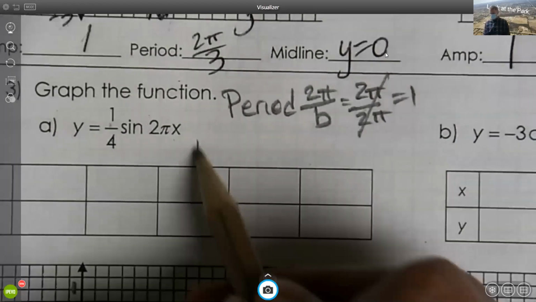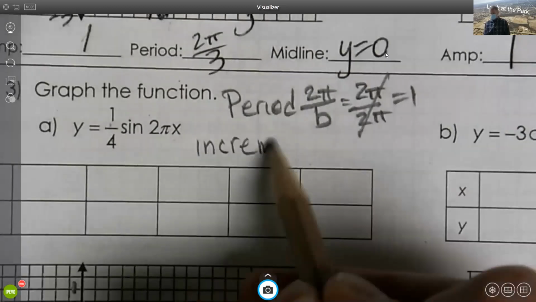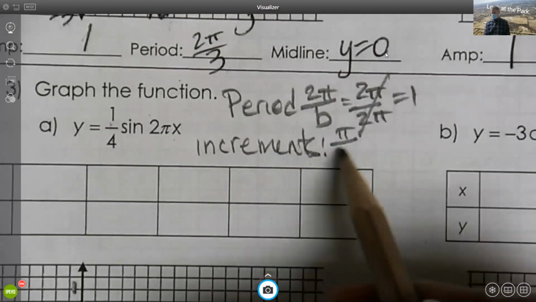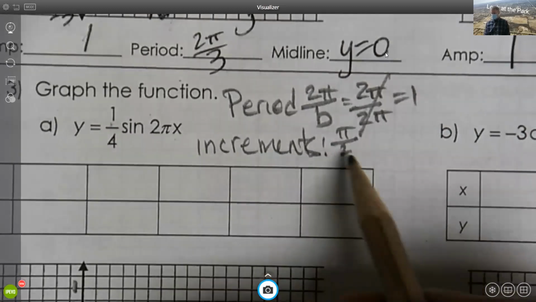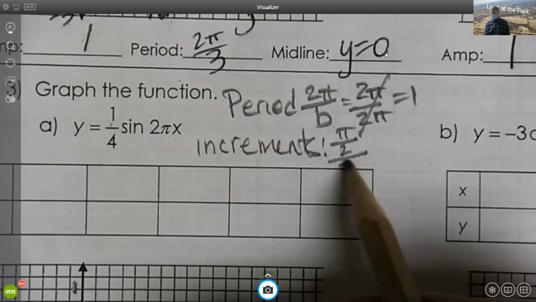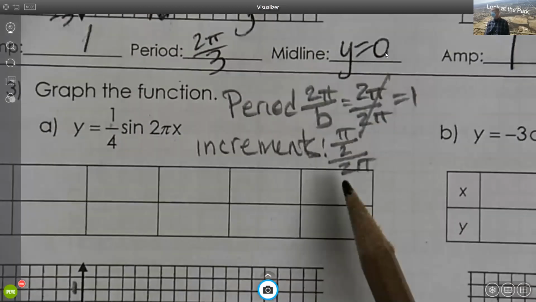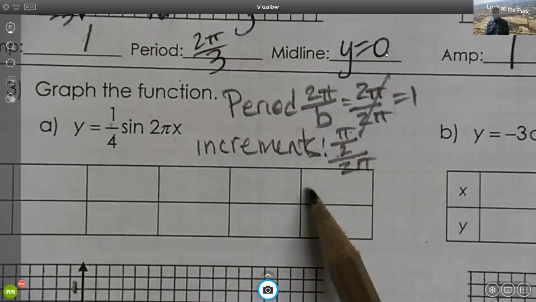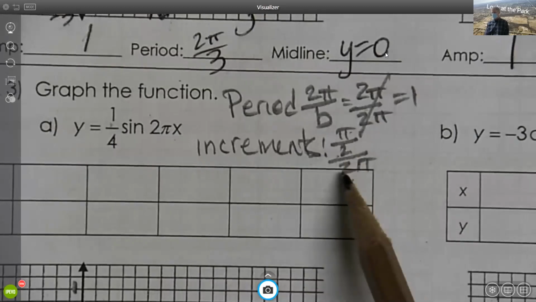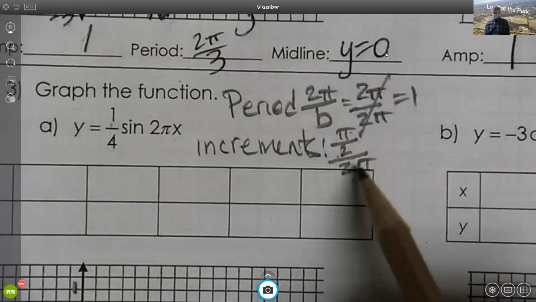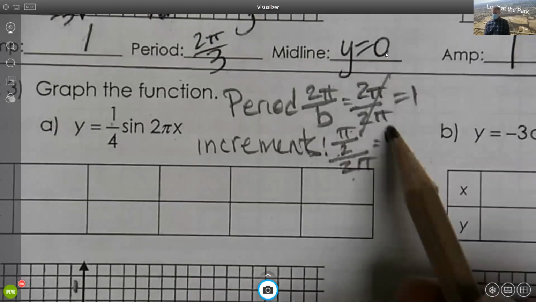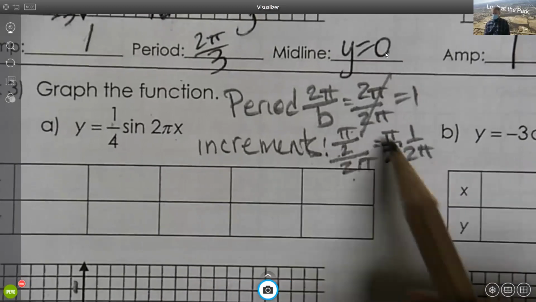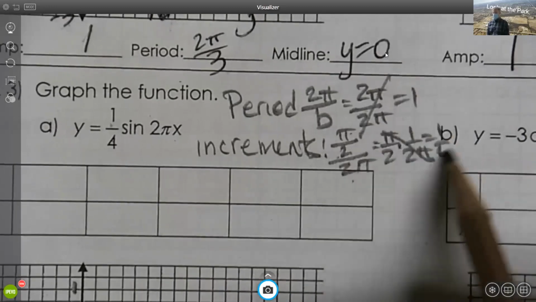So the increments are pi divided by 2 divided by the b value, which is 2 pi. I'm sorry, I think I said that wrong. And we would need to write that as 1/2 pi. So that is 1/4.